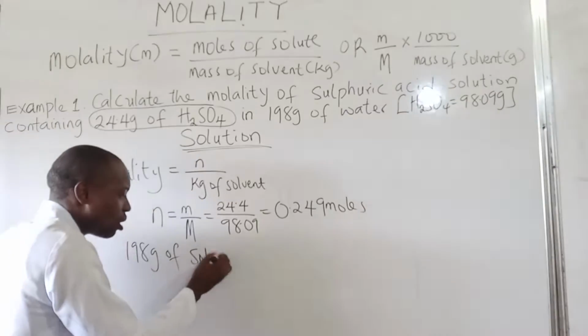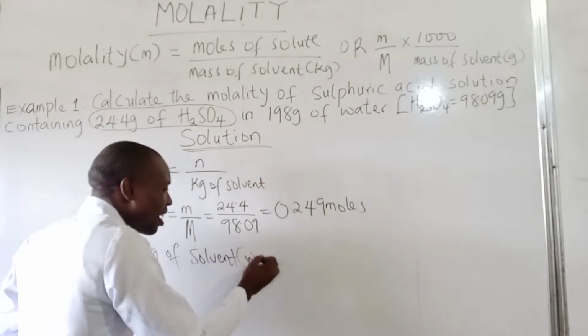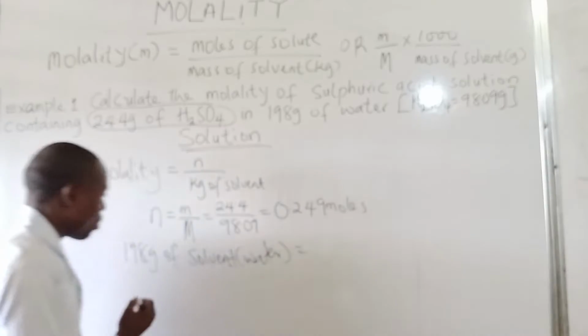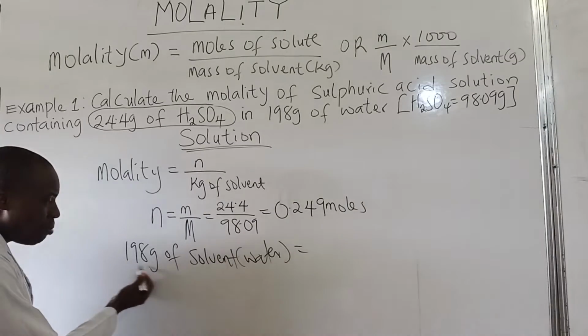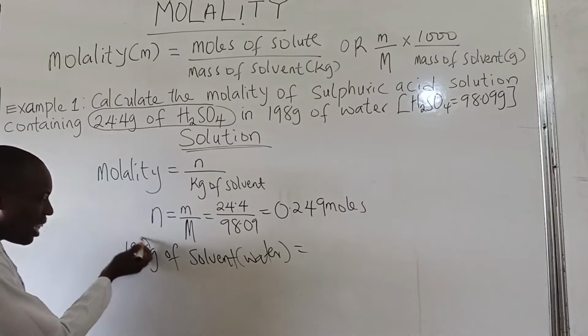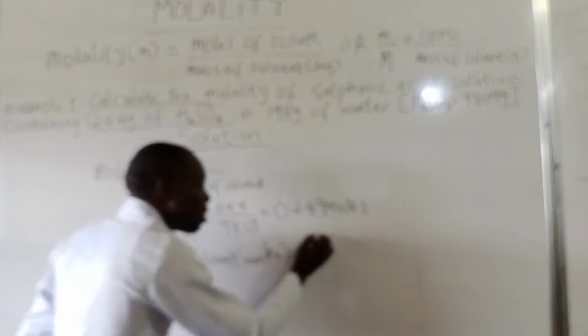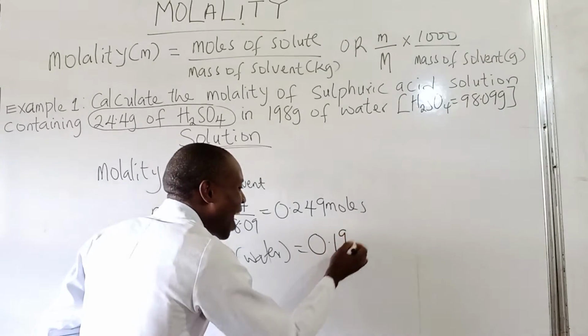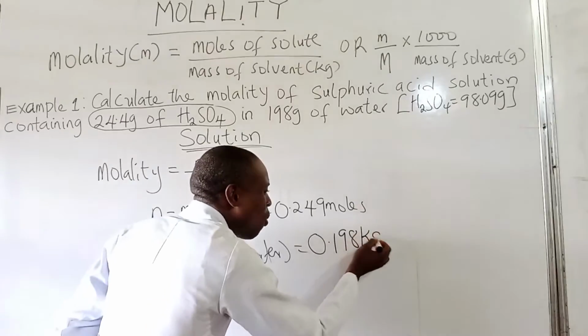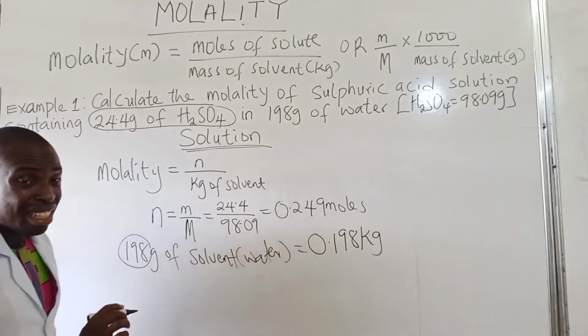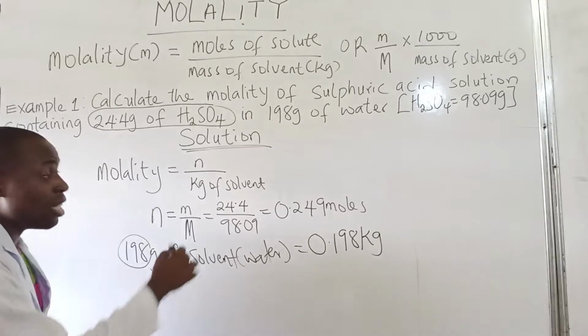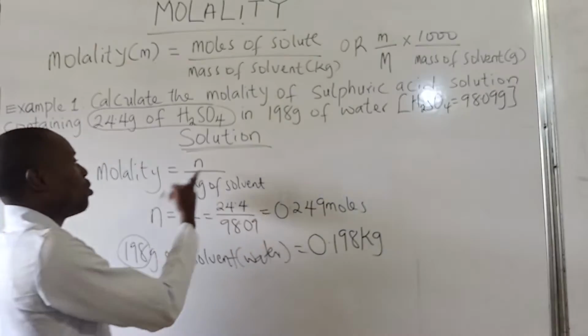Now remember that the 198 gram of the solvent, which is the water, can be converted to kilogram by dividing by 1,000. So when we divide 198 gram by 1,000, we have 0.198 kilogram. Please take note, it's as easy as that. So we now form the formula.